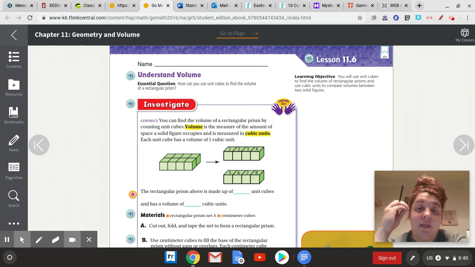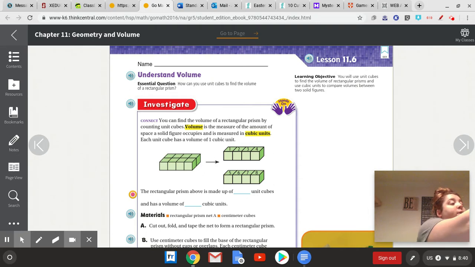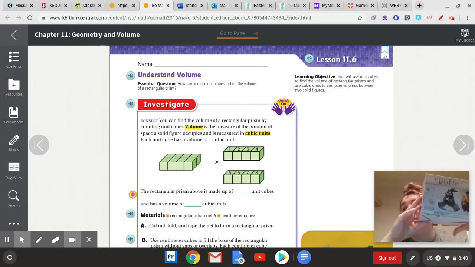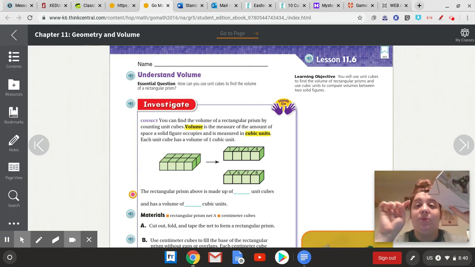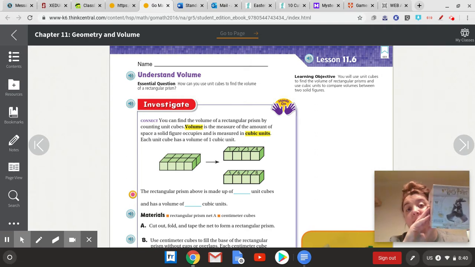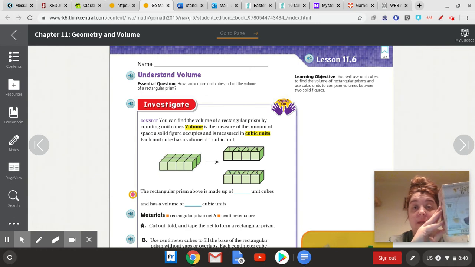Volume is the measure of the amount of space a solid figure occupies and is measured by cubic units. What does that even mean? Let's take our example from yesterday, this box. If I were to take a bunch of tiny 1 inch by 1 inch cubes, I'm asking myself, how many of those can I fit inside of this box?